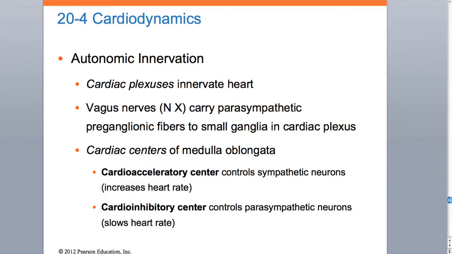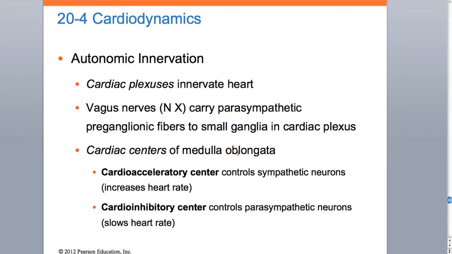Okay. Now we look at the nervous system. Yes, the nervous system plays a role in the heart. This slide, make sure you make a note of. Again, vagus nerve, cranial nerve number 10, carries the parasympathetic. And as I said, it is the parasympathetic, noted down here, that's going to slow the heart rate down.